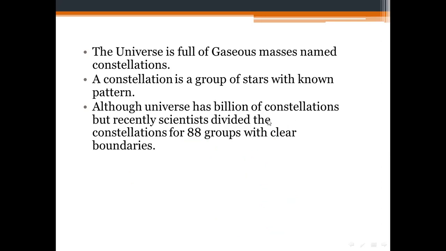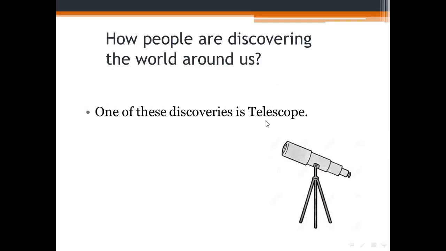Now, as you can see here in the picture, one of the tools that people use to discover the boundaries around us in the universe, around the Earth, was a device called the telescope. This small device, as you can see right here, is small, but when you use it, you can see the whole universe and the whole sky, and you can see the stars very near to you, although they are so far.